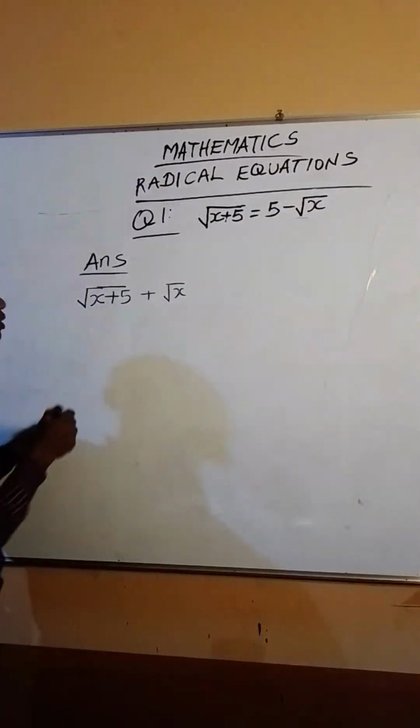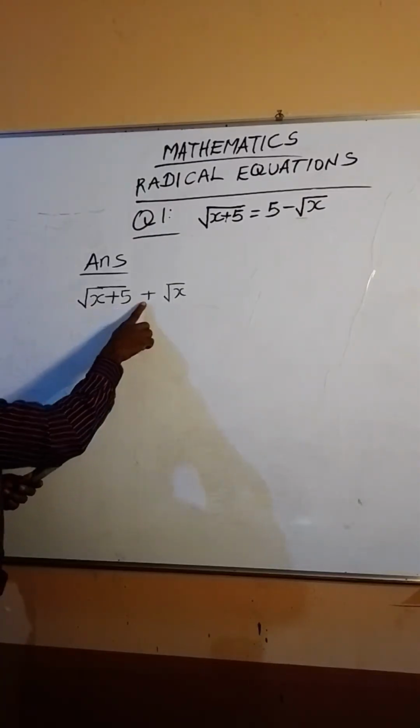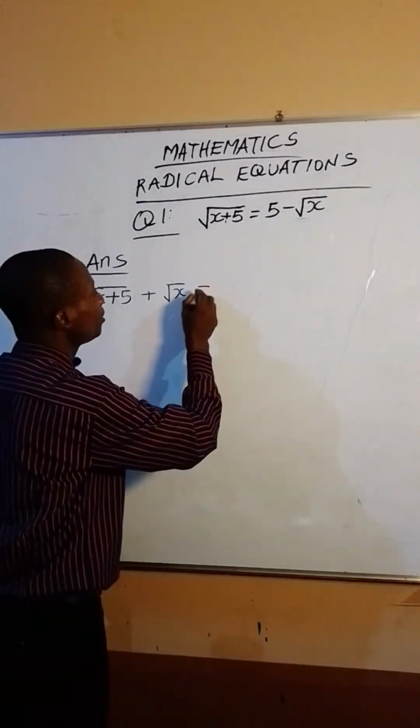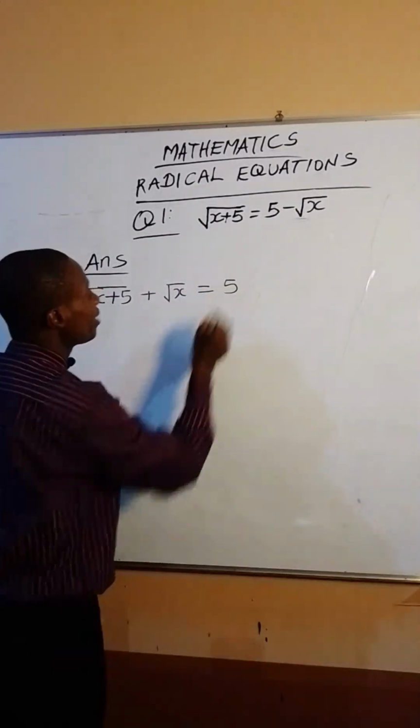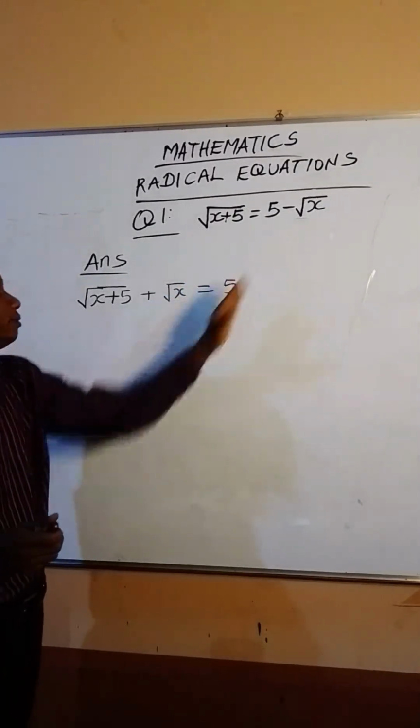So this is root x plus 5 plus root x. This will now be equal to 5, so we'll be left with only 5 at the right-hand side.